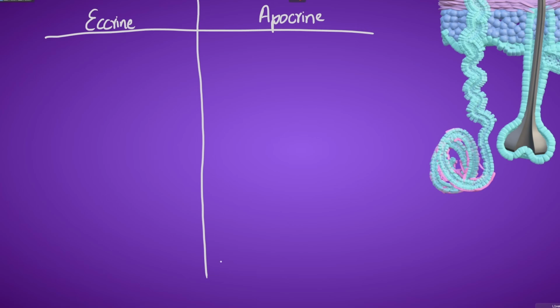So if we talk about structure, it's a bit of a review as well. Both of them are simple tubular, but here we will discuss the differences, not the similarities. So one difference is that eccrine glands have a narrow lumen and apocrine glands have a wider lumen, as I've told you.